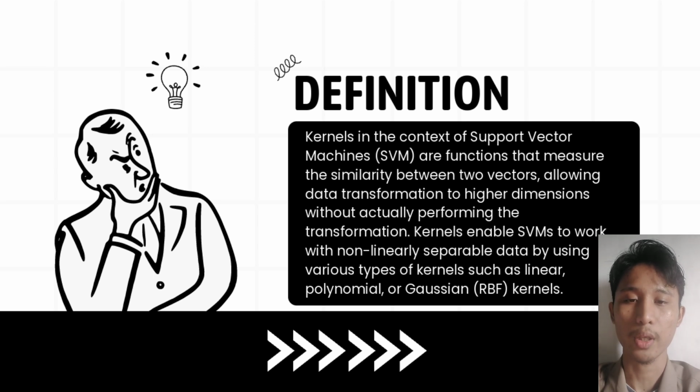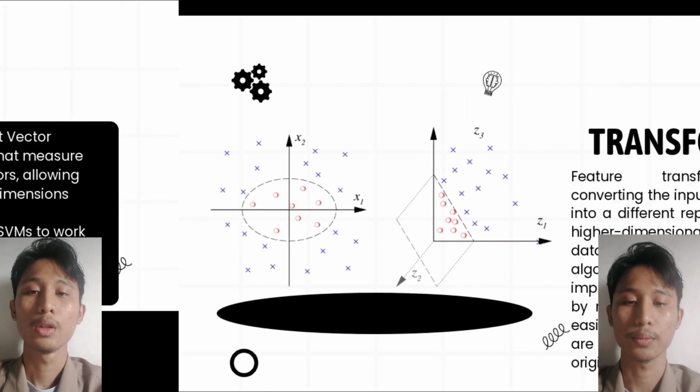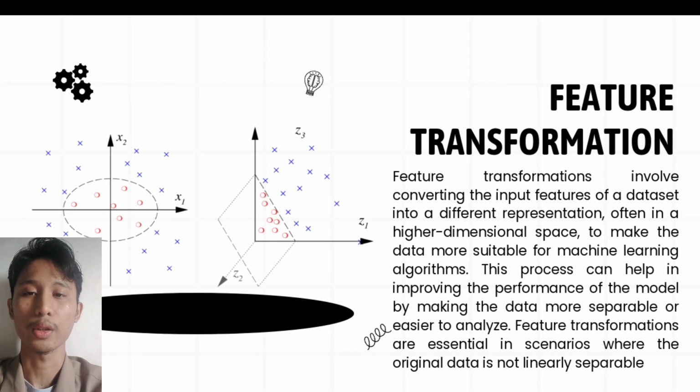Kernels enable SVMs to work with non-linearly separable data by using various types of kernel, such as linear, polynomial, or Gaussian, or RBF kernels.